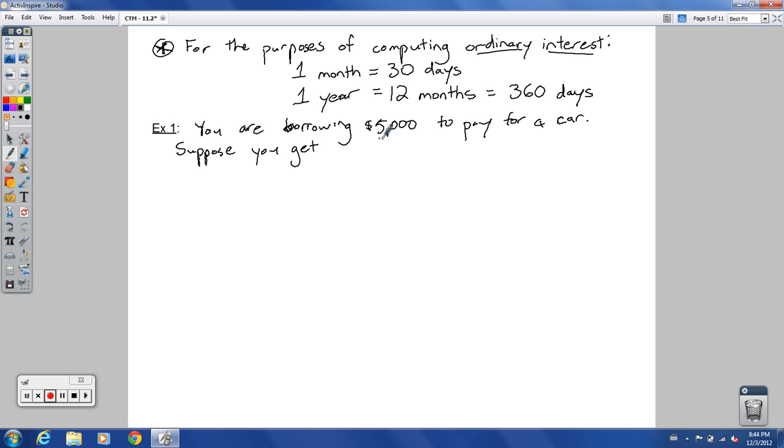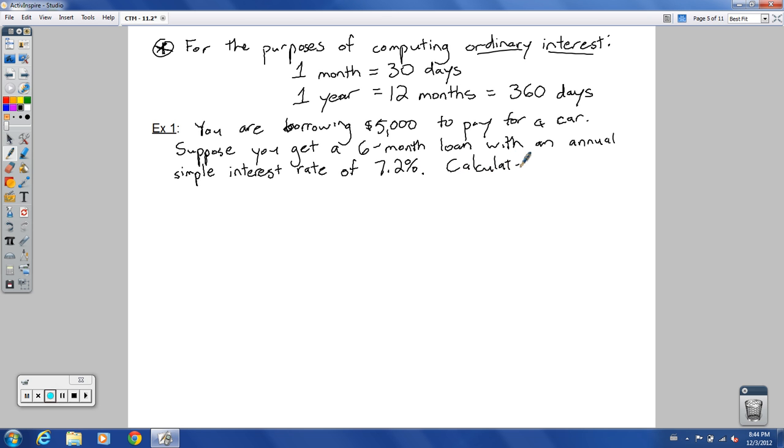It's a pretty fast loan for $5,000, but let's suppose that's the case. Suppose you get a 6-month loan with an annual simple interest rate of 7.2%. You might be able to do better than that. Kind of depends on where interest rates are at the point in time that you get the loan. But we'll say that's what it is for now.